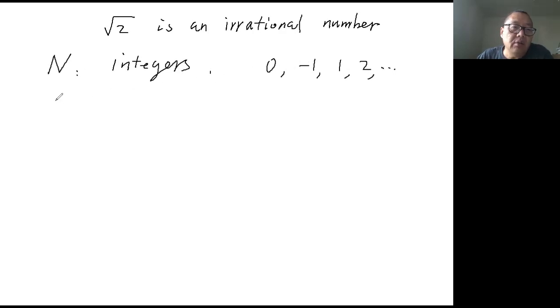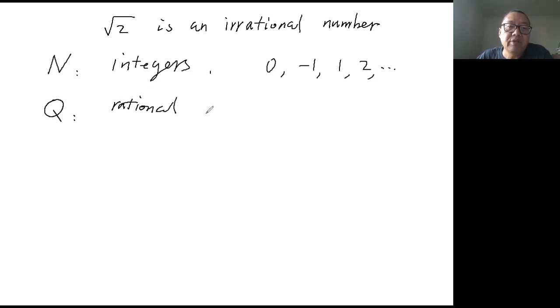Then later we learned rational numbers, or fractions. In math, we use capital Q to represent all the rational numbers.